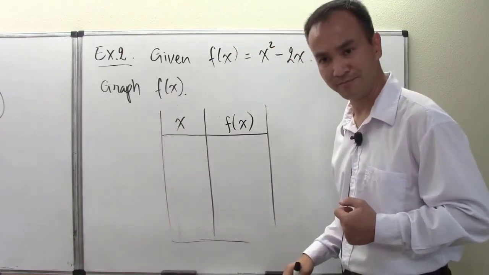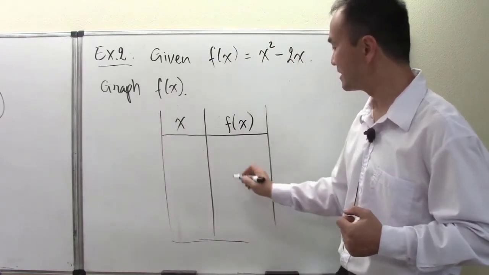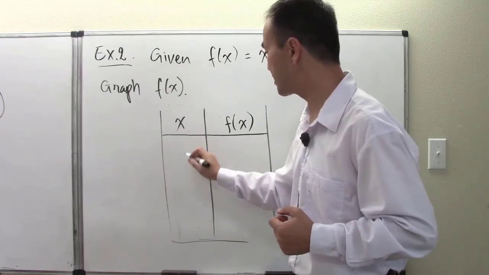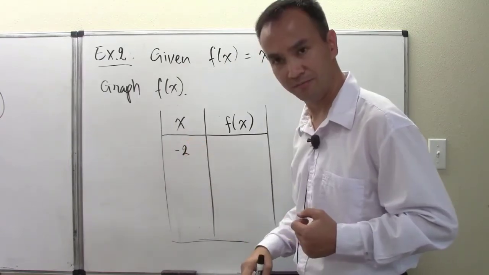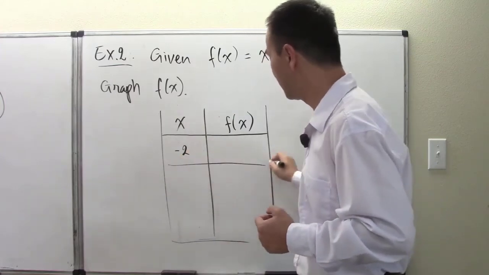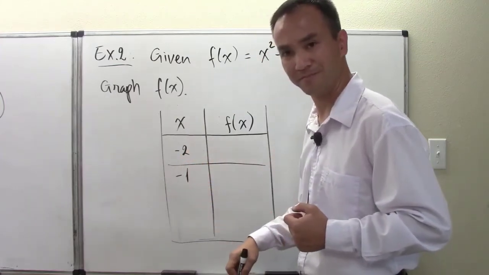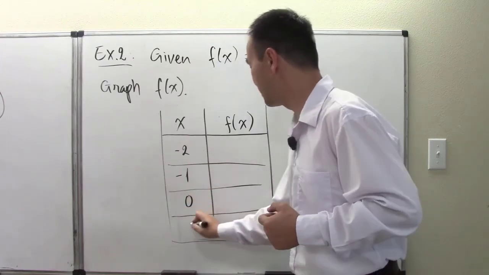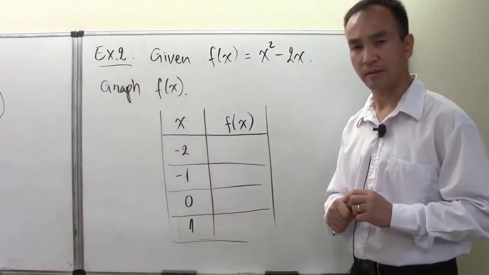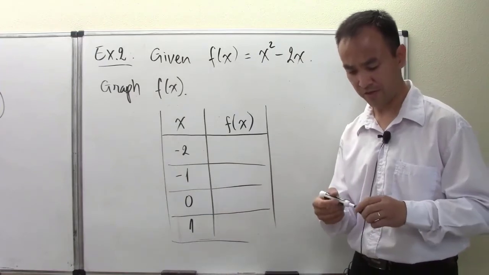I can go with some values, say for example -2, -1, 0, 1. Just a few.